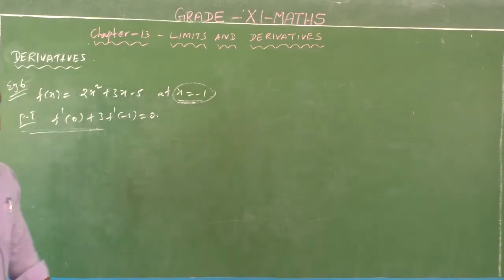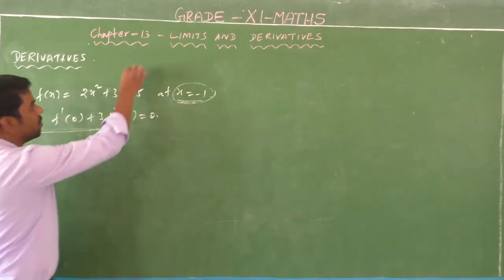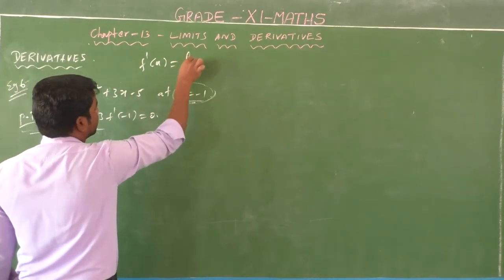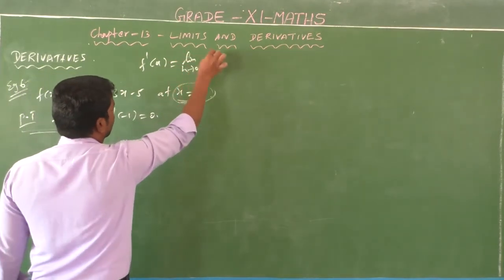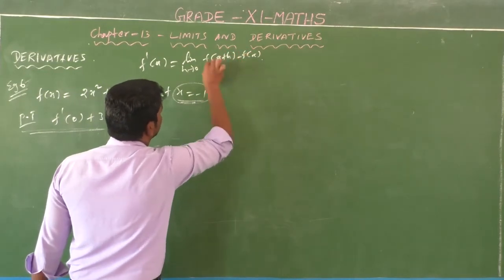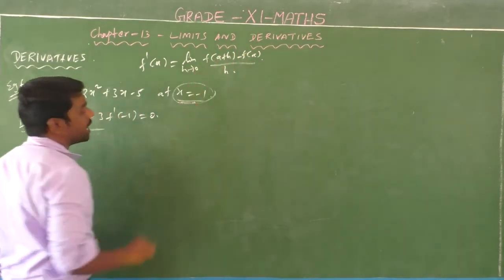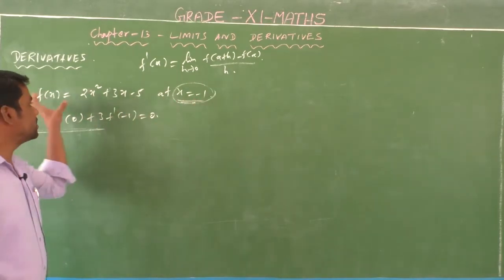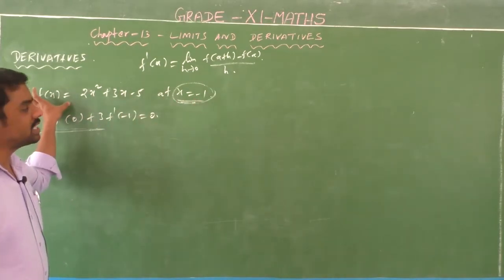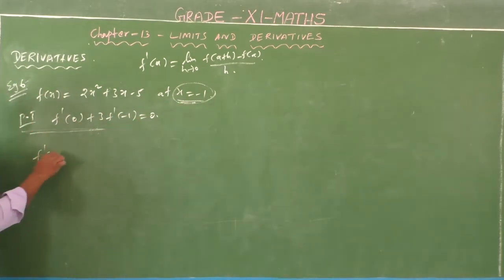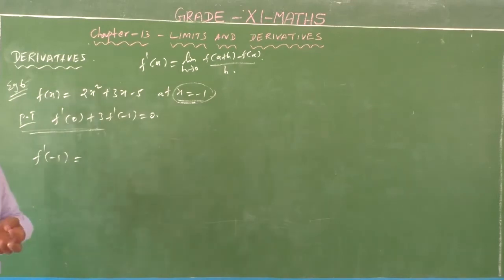We know the formula: f dash of a is equal to limit h tends to 0 of f of a plus h minus f of a, divided by h. Here a is equal to minus 1. So that means find f dash of minus 1.